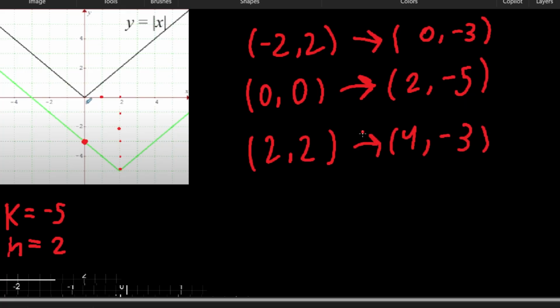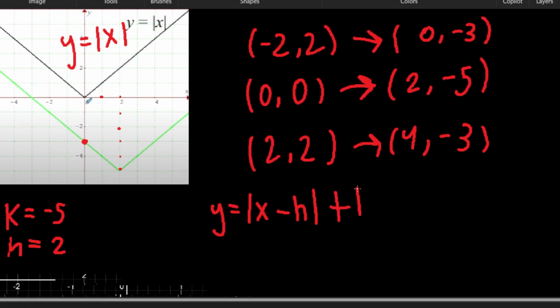Now, what is the equation of the transformed function? We know that y is the absolute value of x. This is the black function. And we know the k and h value. So y is equal to the absolute value of x, and when you're horizontally translating, you subtract h from inside the function, and you add k outside the function.